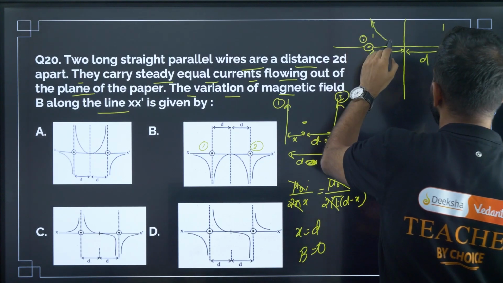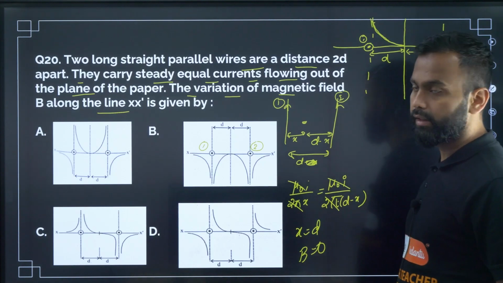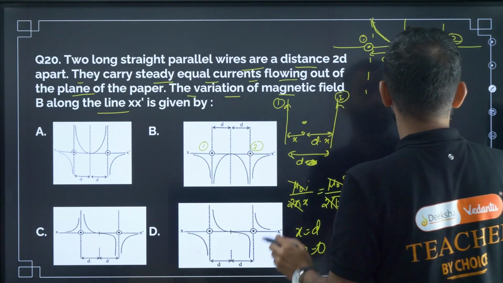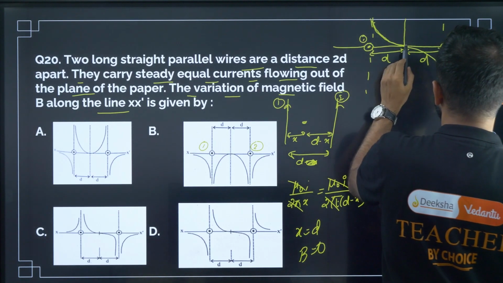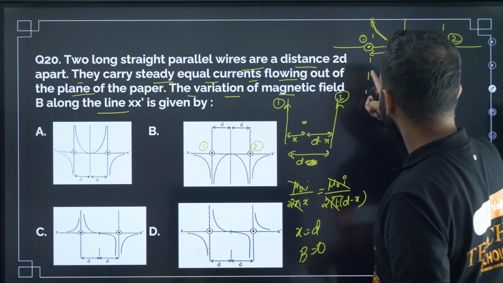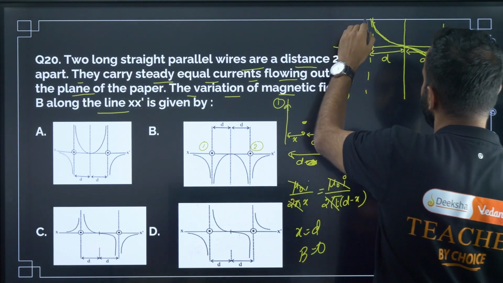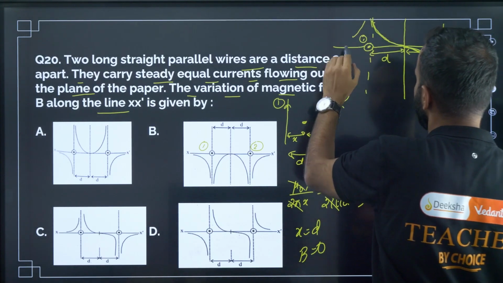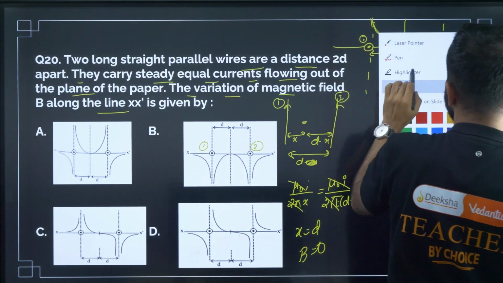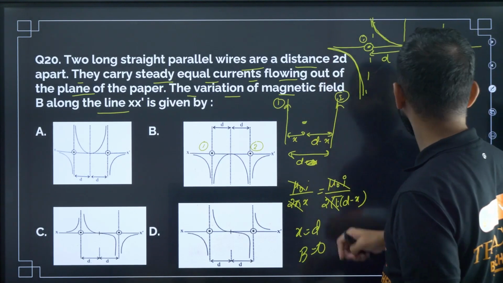And as you move towards the second wire, magnetic field increases, but along the negative y-axis. What is the direction of the magnetic field as you move away from the first wire? In negative x direction, right? The magnetic field increases, but it is along negative y-axis.